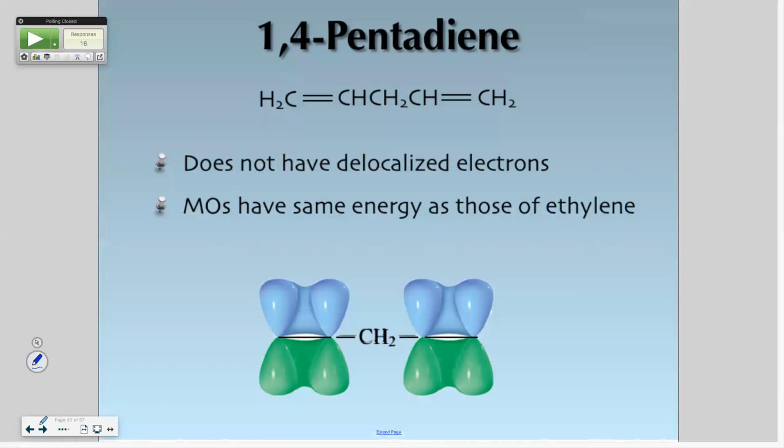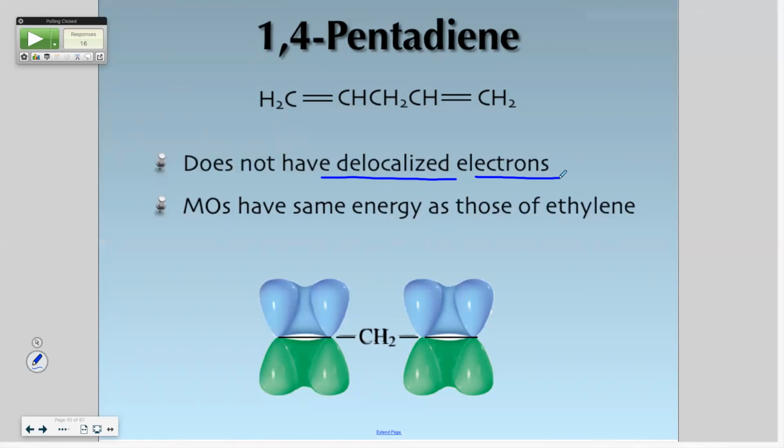Okay, now what about something like this? 1,4-pentadiene does not have conjugated orbitals, okay? Because it doesn't have that, it won't have delocalized electrons. Basically, it's going to be 2 that are just like ethylene. You notice that we didn't stick methyl groups on there because all we're looking at is electrons.